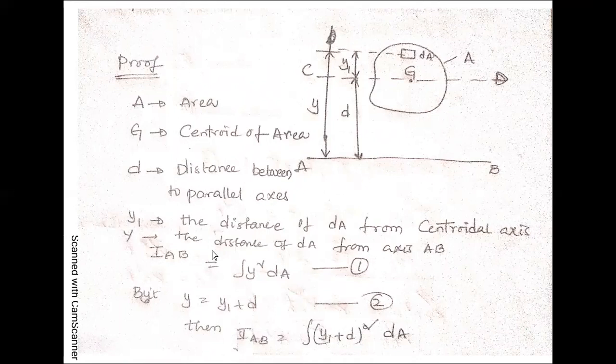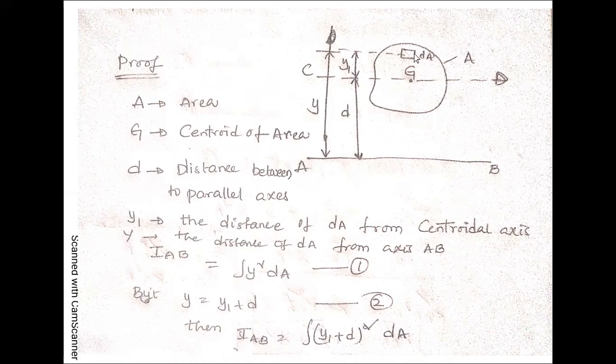Now, the moment of inertia of this object about this AB line we can write. So IAB is distance square into area. Obviously we write moment of inertia in integral fashion. So IAB is equal to integral distance square into area.